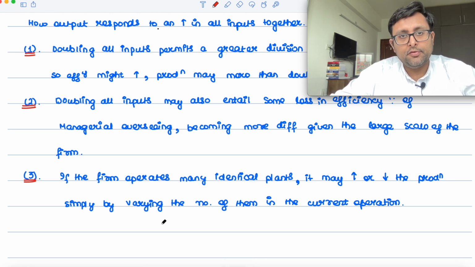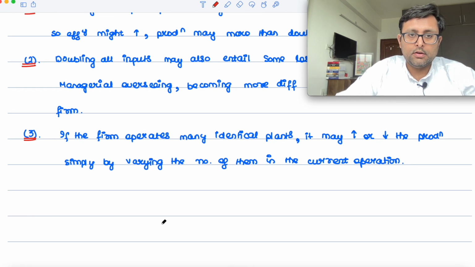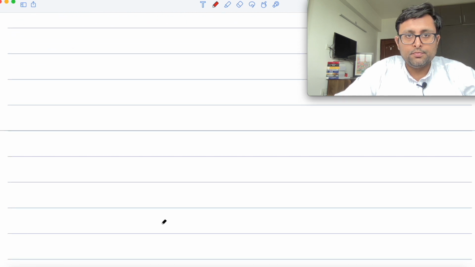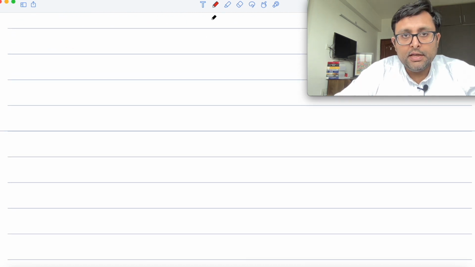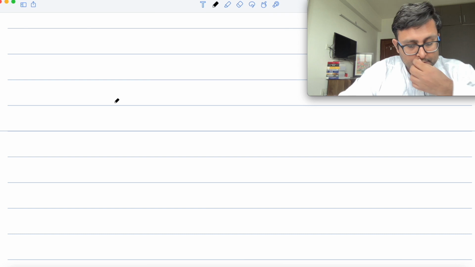Now, how do you technically define returns to scale? Let us look at a few technical definitions.